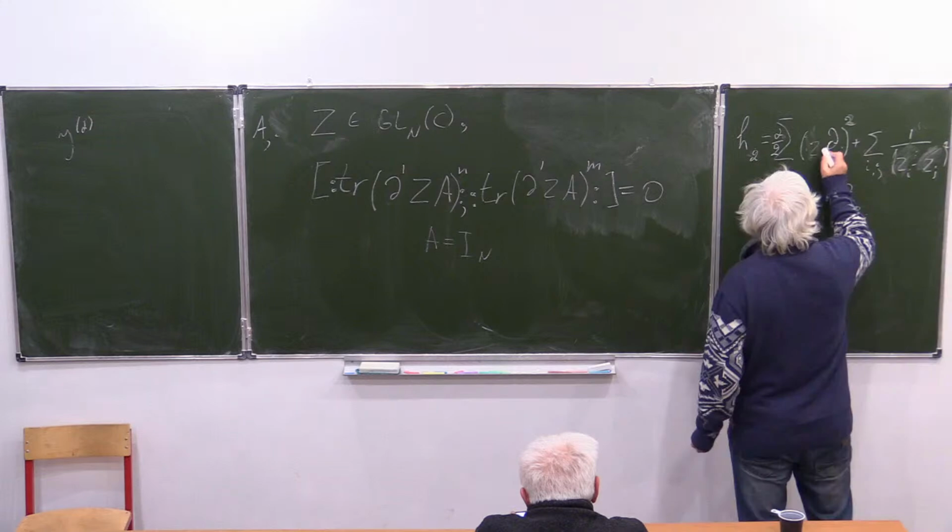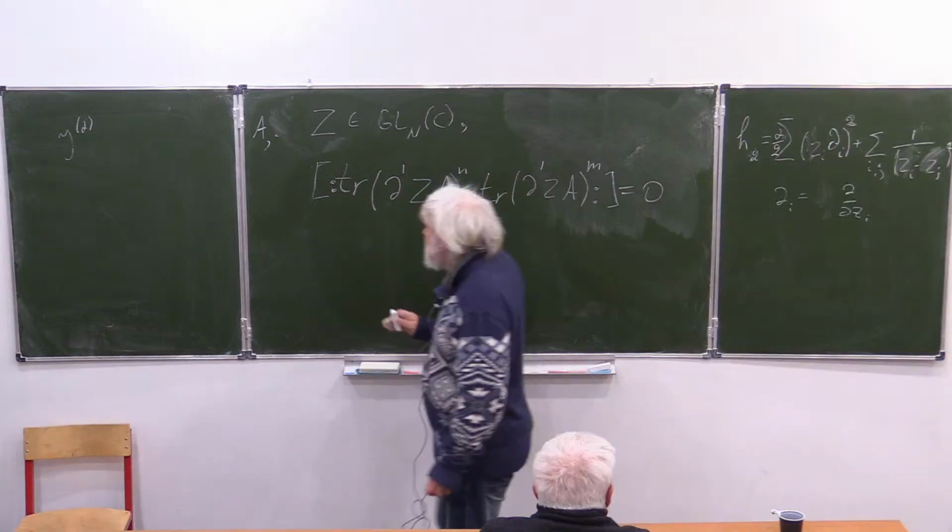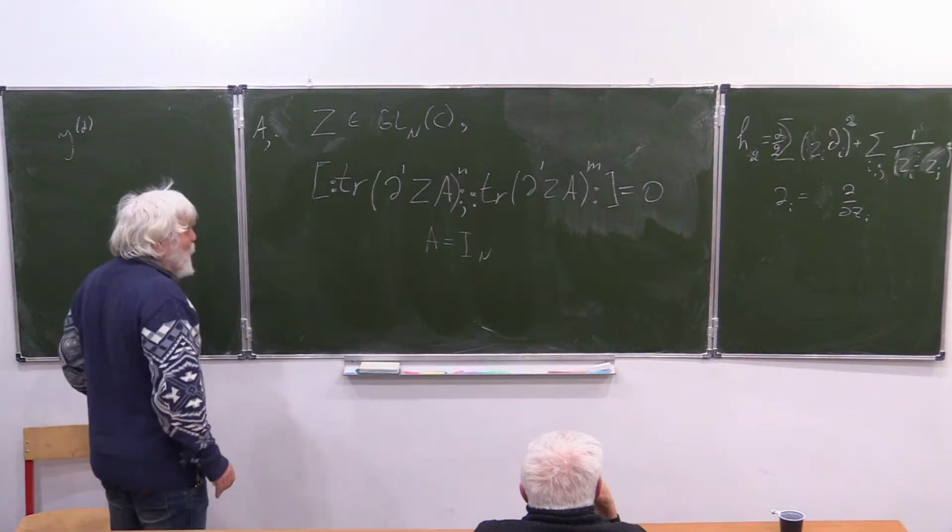And the eigenfunction of this operator is a Jack function with parameter alpha. In this case, A is the identity matrix, the case when alpha is equal to 1, so the eigenfunction is a Schur function.